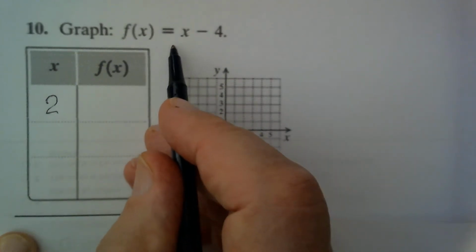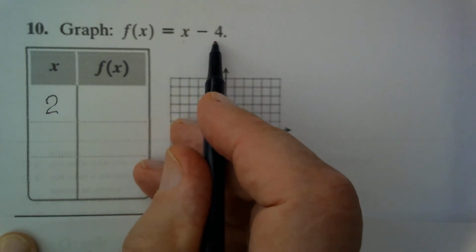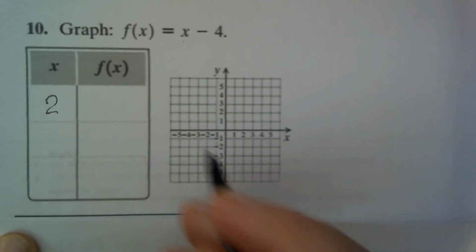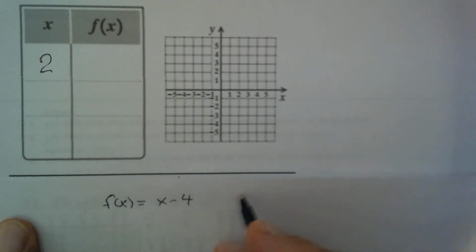F of x equals x minus 4, then f of 2 means we replace x with 2.